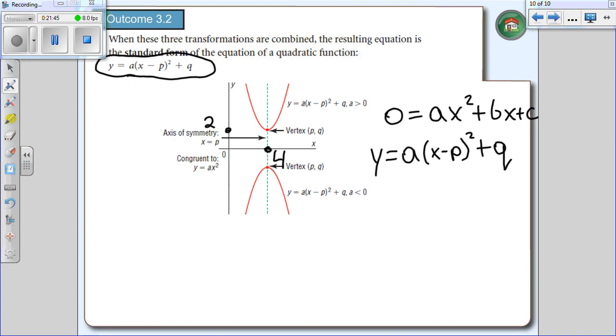So it'd be 2 because it went 2 up. And there was no stretch, so your a value would just be 1. If there's no stretch, your a value is 1.